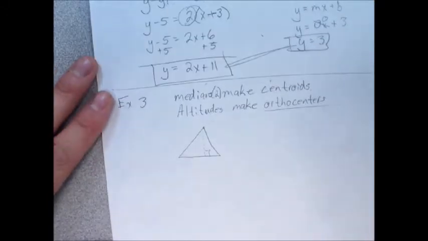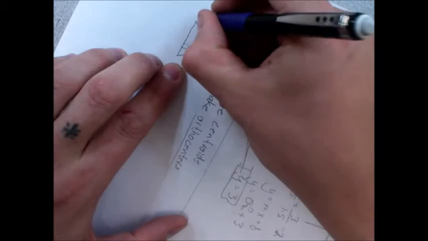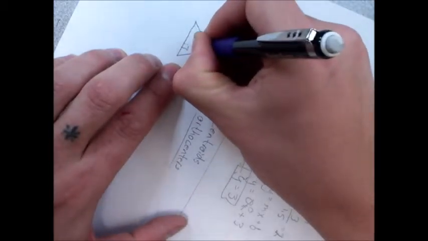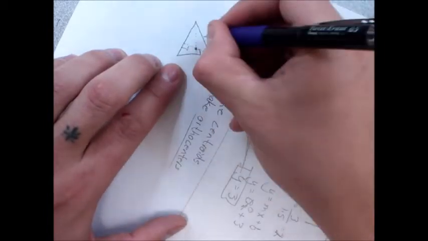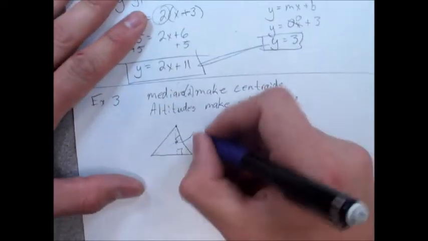That's what we decided. Now if I turn this and make a new base, all I've done is made this my base, and I connect the altitude from this base with again, a 90. Where they intersect is called the orthocenter. So the point of intersection is called the orthocenter.